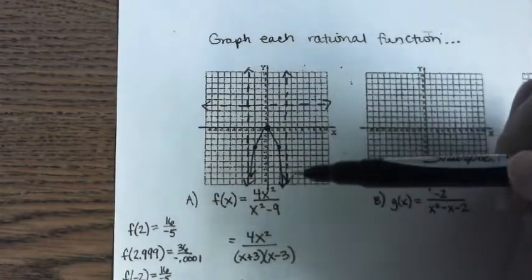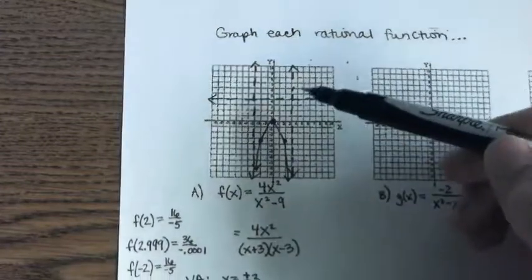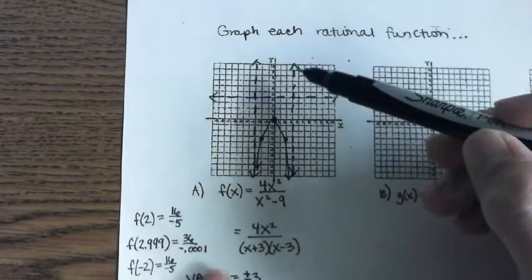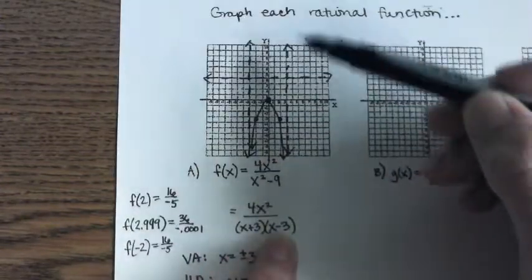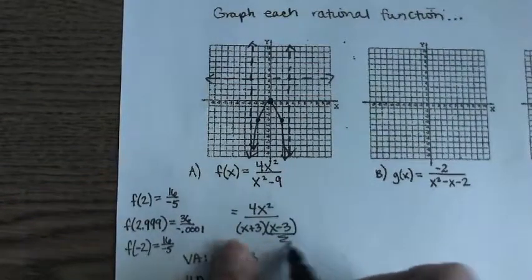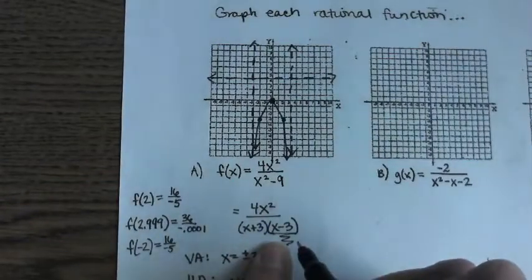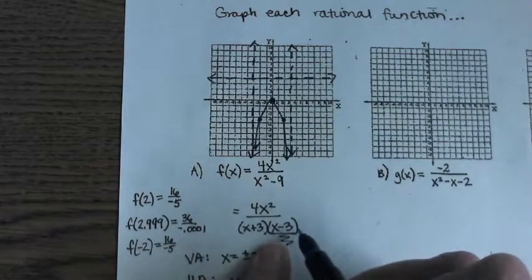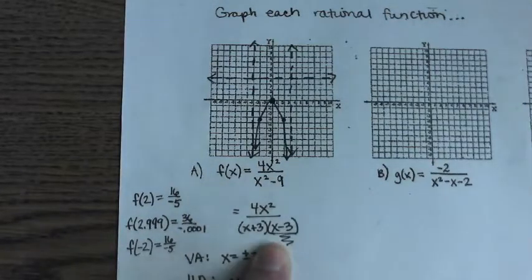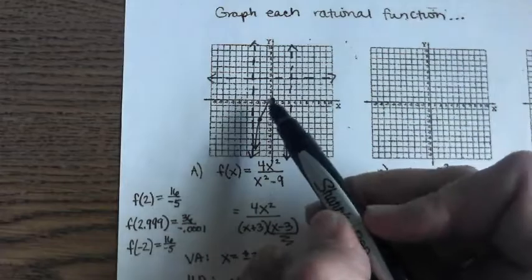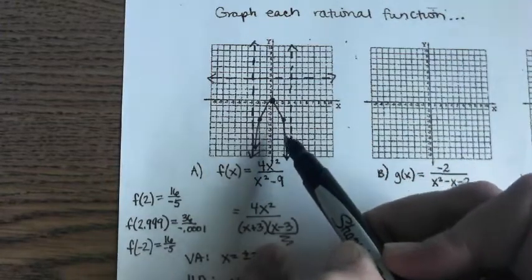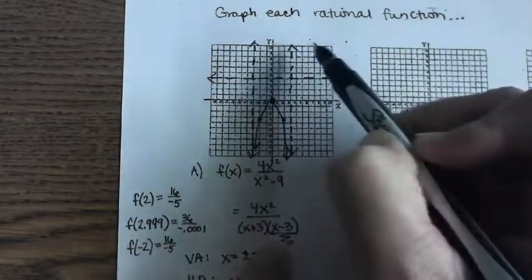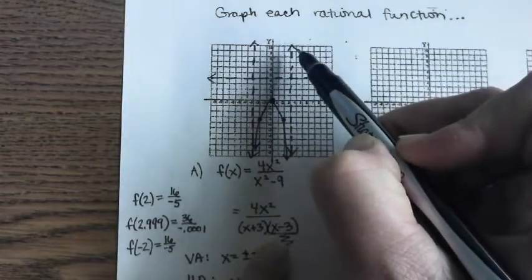From here, what was the degree of this asymptote at positive 3? What power is this x minus 3 factor raised to? The first power. So given that it has an odd degree, if coming from the left it's going towards negative infinity, then coming from the right it's going to go towards positive infinity.